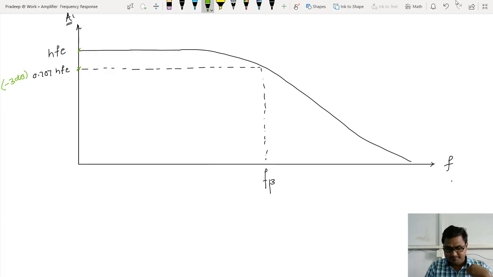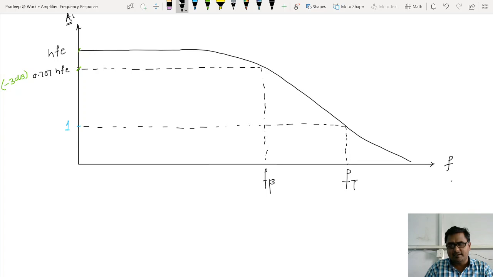FT is the frequency at which the AI value becomes 1. This is the AI value, which is 1. So let me draw a line from here. Somewhere it cuts the graph, and this is my gain bandwidth product FT. Agreed? So this is all about the common emitter amplifier and its frequency graph.